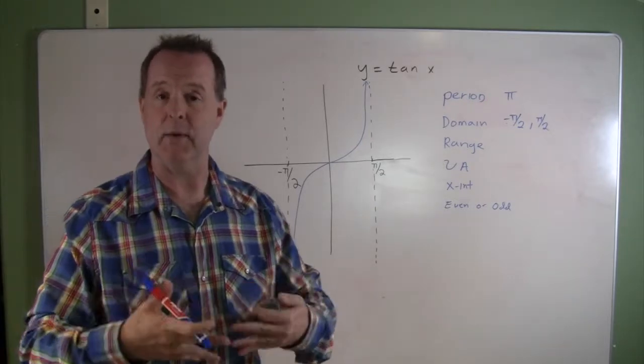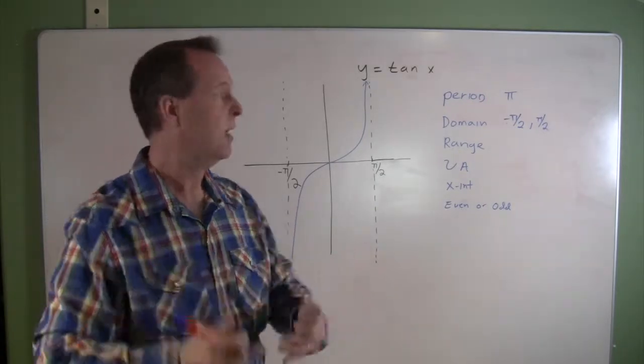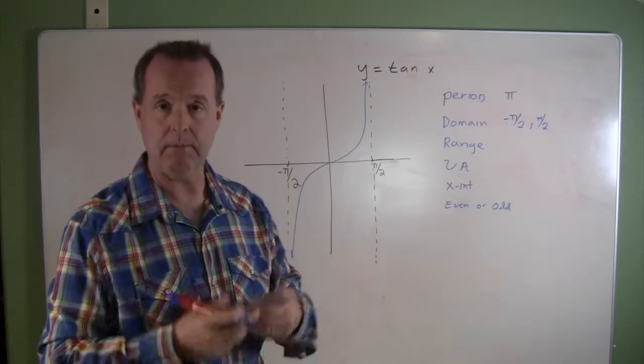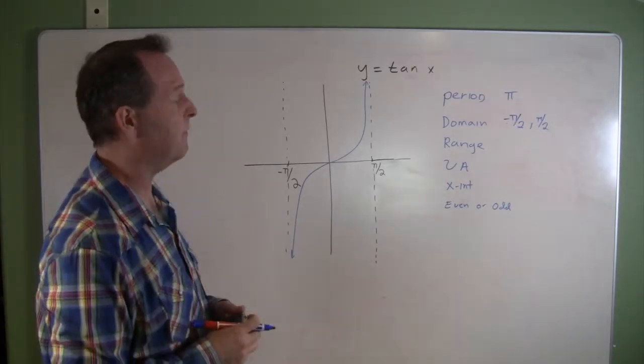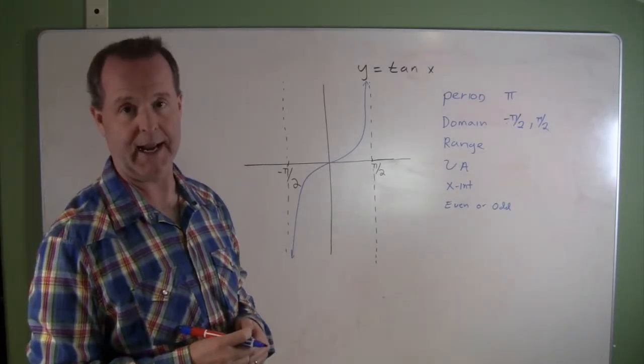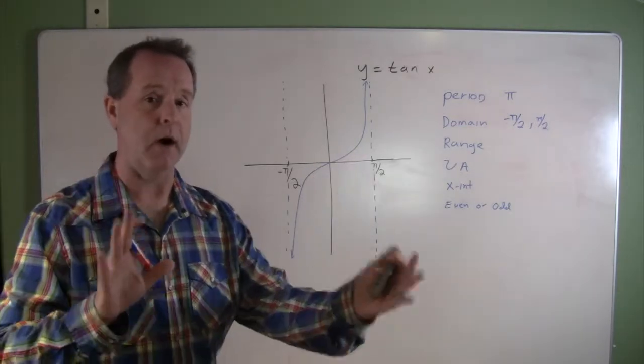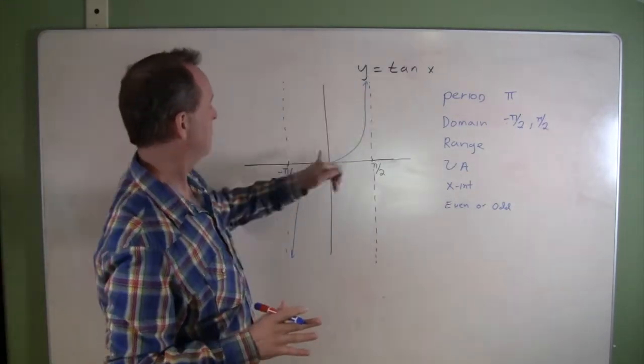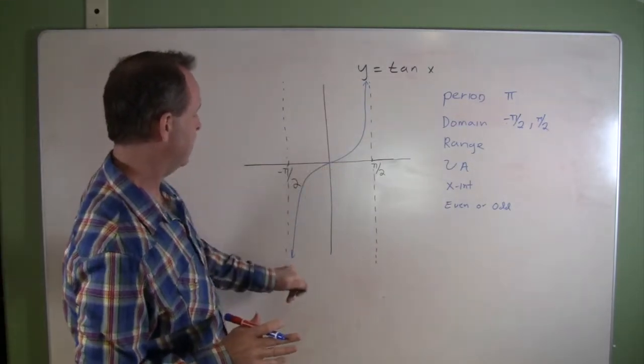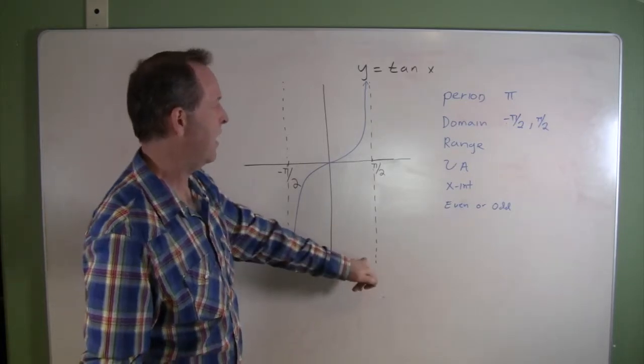And then again, since it repeats every pi units, you can take multiples of those by pi as well to find out where the domain is restricted. But just on our base unit we're looking at, we see it's undefined at negative pi halves and pi halves.